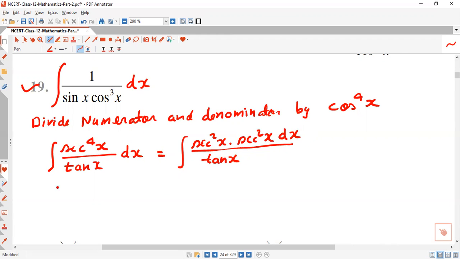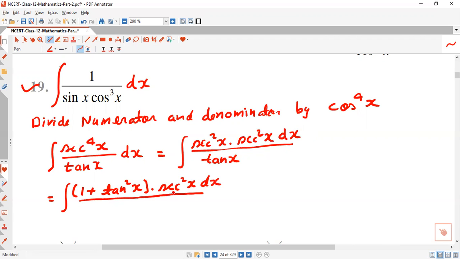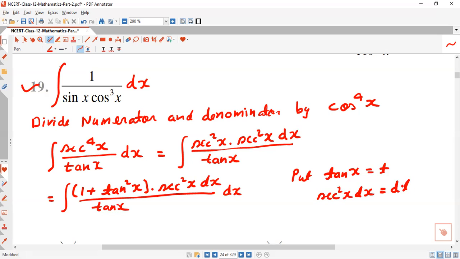This can be written as (1 plus tan square x) into sec square x dx divided by tan x. Now, in this question, put tan x equal to t. Taking differentiation, you get sec square x dx equal to dt.